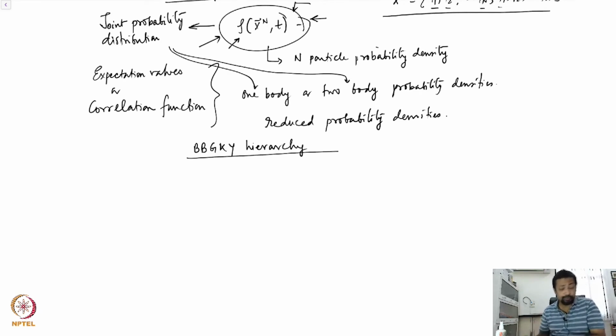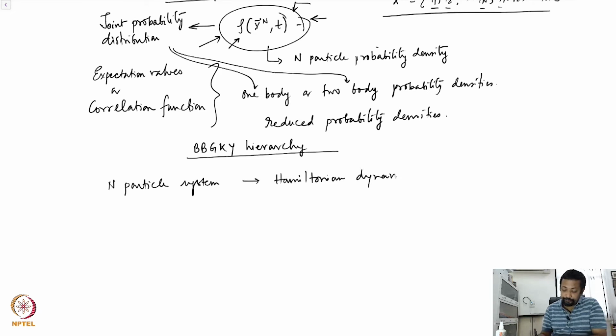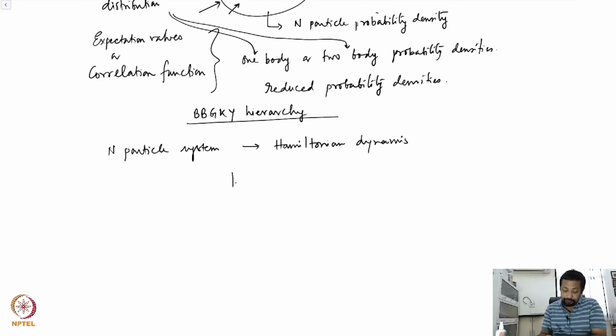So now what we want to do is figure out how to write a dynamical equation for this. Since I have an N particle system that obeys Hamiltonian dynamics, that means that p_i dot is minus del H_N del q_i, and q_i dot is plus del H_N del p_i.